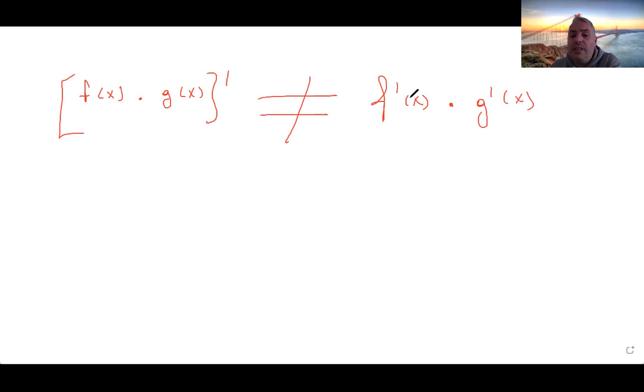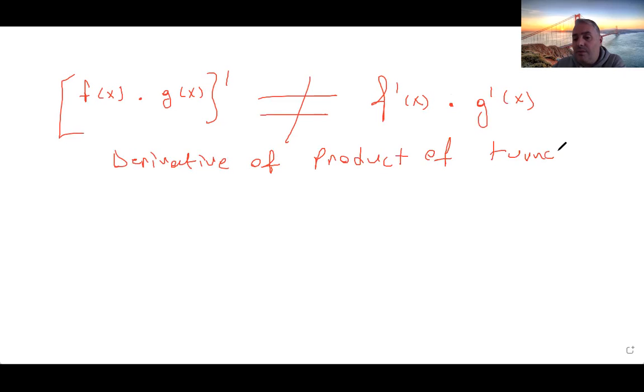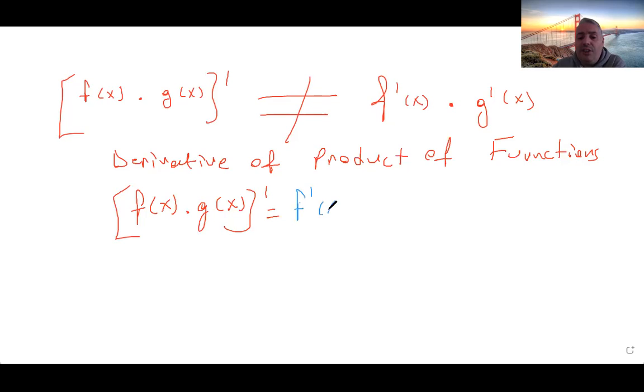We call this rule the derivative of a product, or product rule: the derivative of a product of functions, which is two functions actually. Now f of x times g of x derivative is equal to, focus here, derivative of the first function times the second function itself plus derivative of the second function times the first function itself.